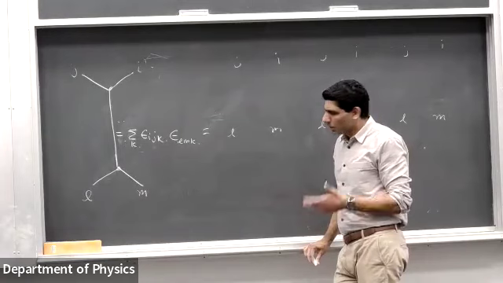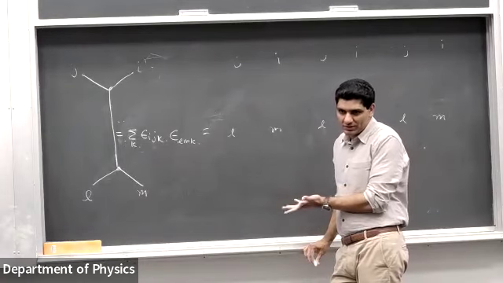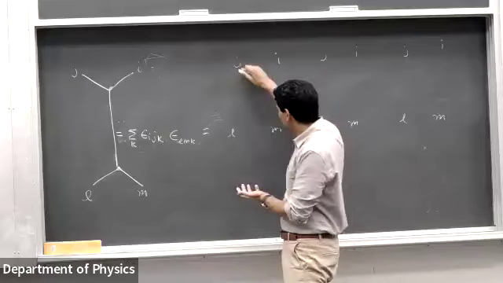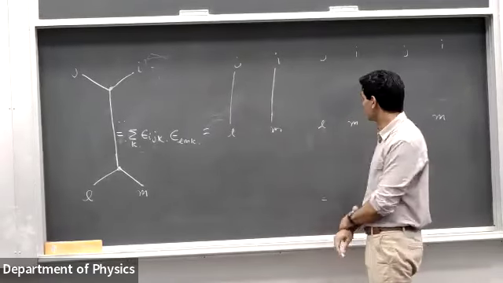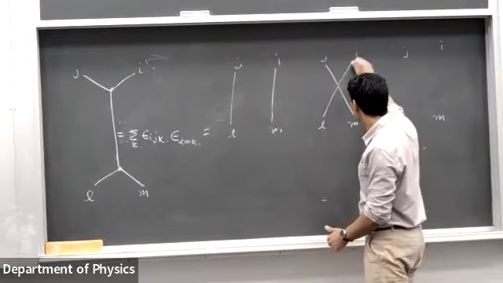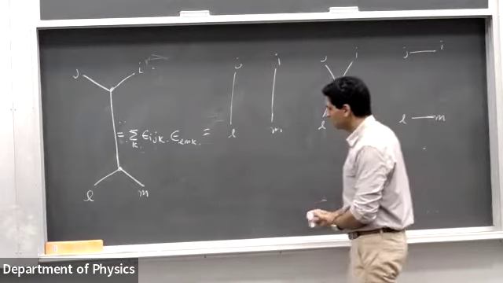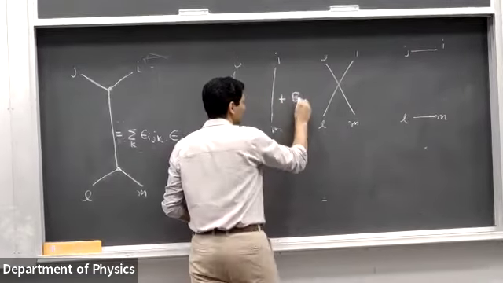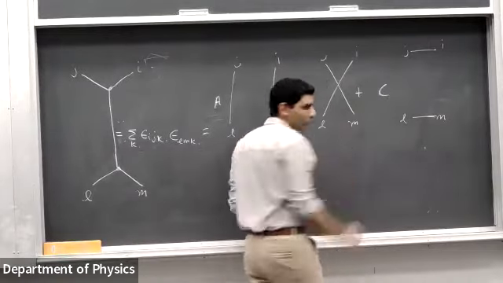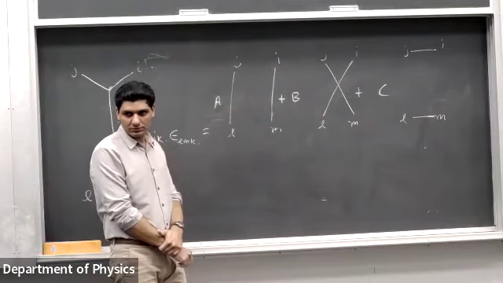So in what ways can I make Kronecker deltas out of these indices? Well, one way is this. One way would be this, and one way would be this. And I'll put up appropriate coefficients up front, because I don't know the relative signs of the terms involved.